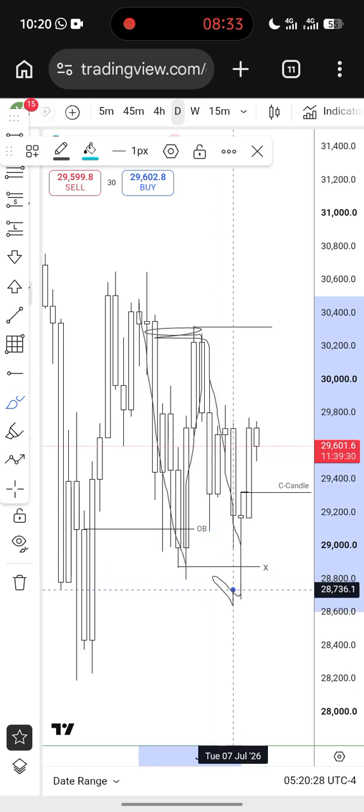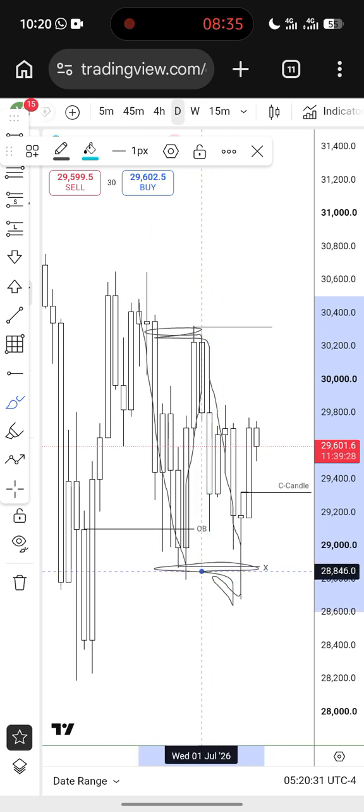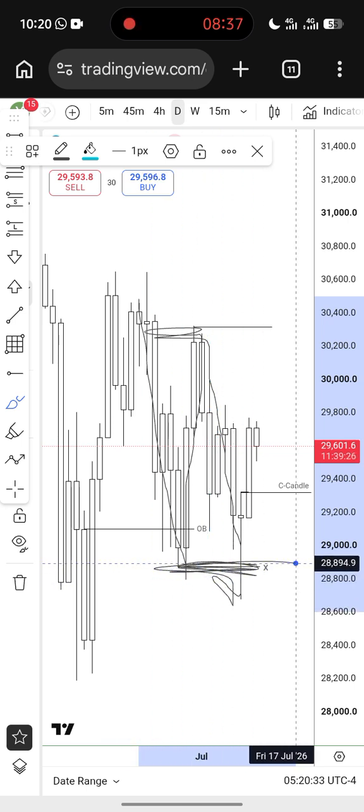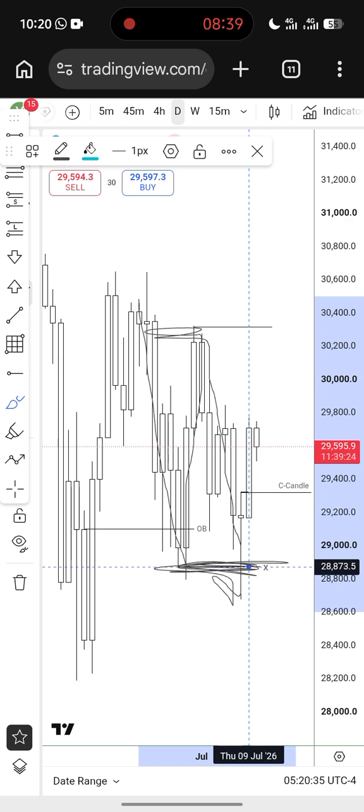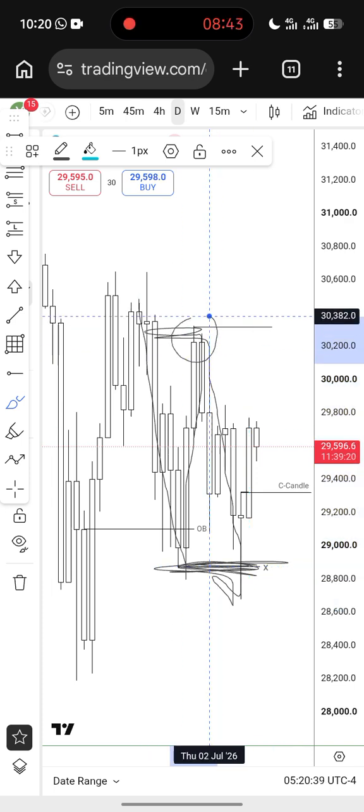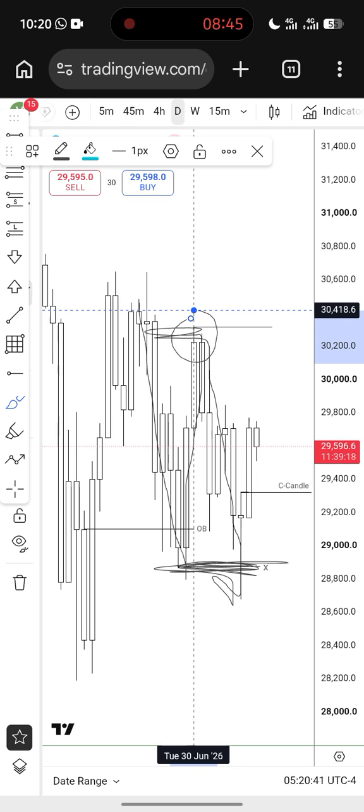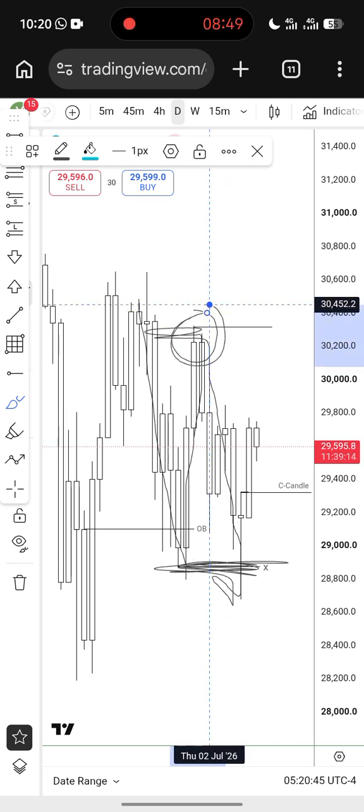But price couldn't break this low, and by not being able to break this low, it automatically makes this high a weak high and a new target. So price is most likely going to come and take this.